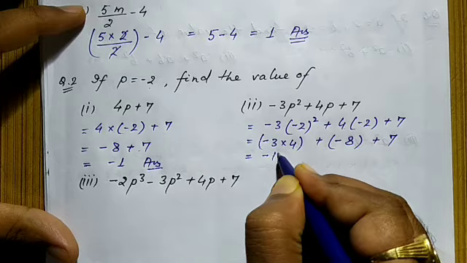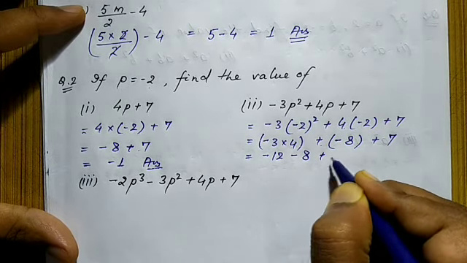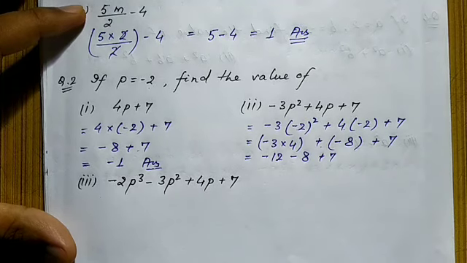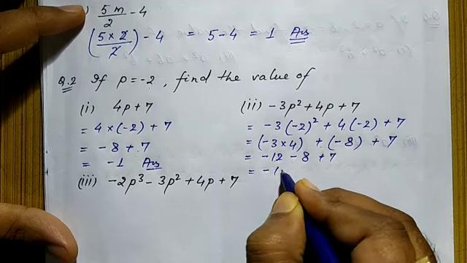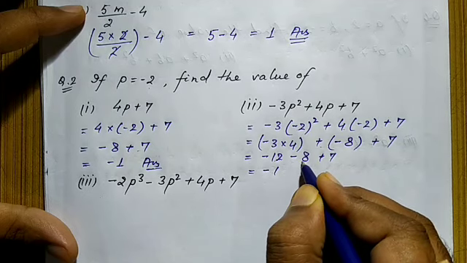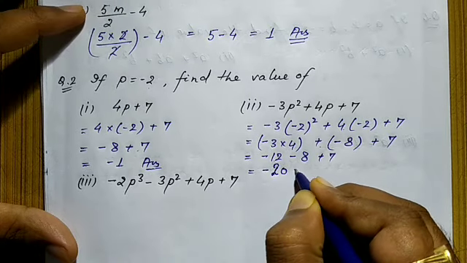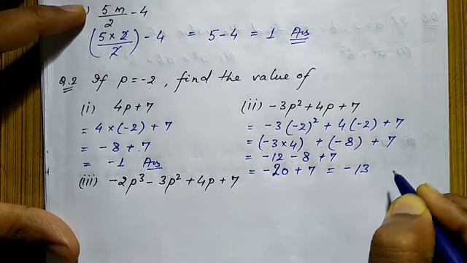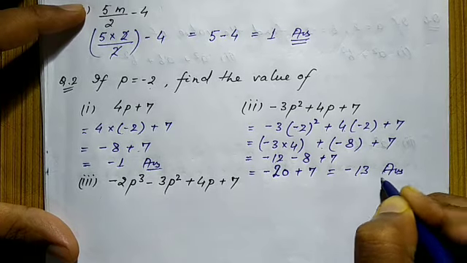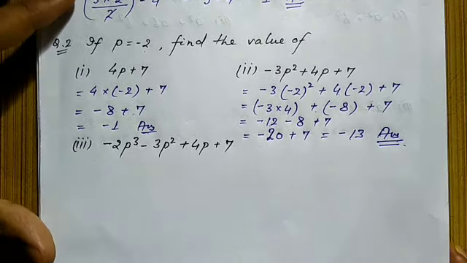Here minus 12 minus 8 plus 7. Okay, here minus 12 minus 8, this will become minus 20 plus 7, this will become minus 13. Okay, so this is your answer.